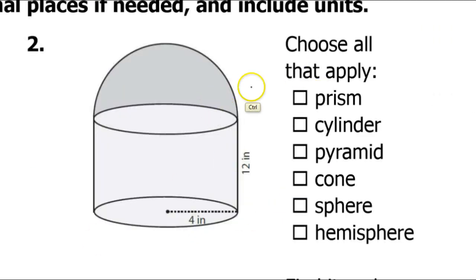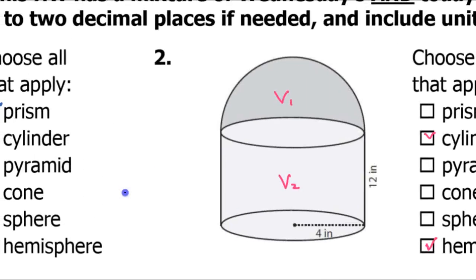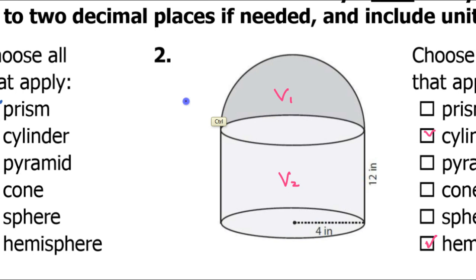Looking at problem number 2, on the top we have a hemisphere, and on the bottom we have a cylinder. I am going to call this volume 1, and this volume 2. Let's start with volume 1.